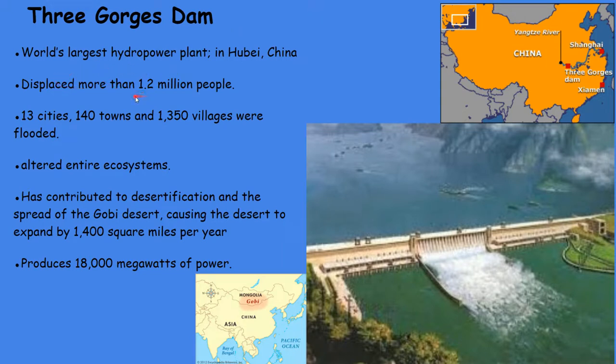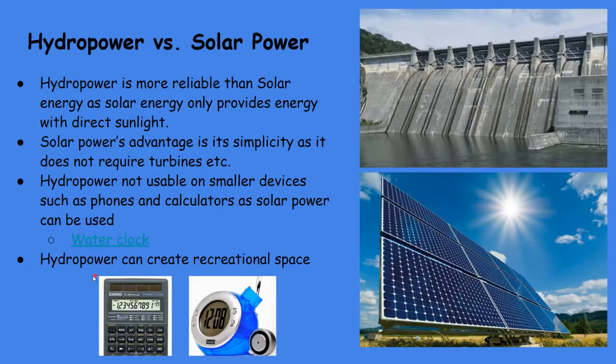It had to displace 1.2 million people because you need a big reservoir. It altered entire ecosystems, and because you're diverting the water from different places, it has contributed to the desertification and the spread of the Gobi Desert. But it produces so much power, 18,000 megawatts.